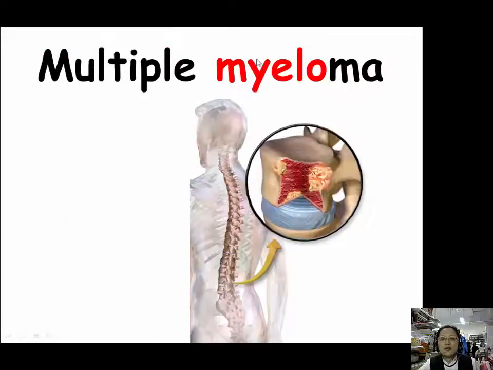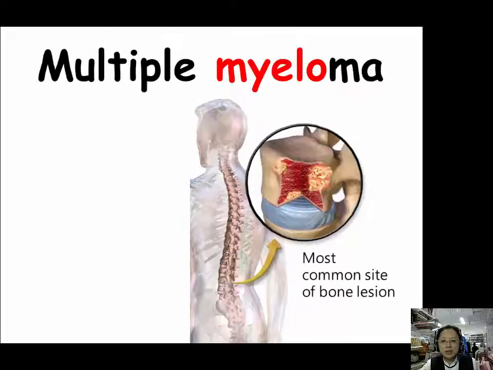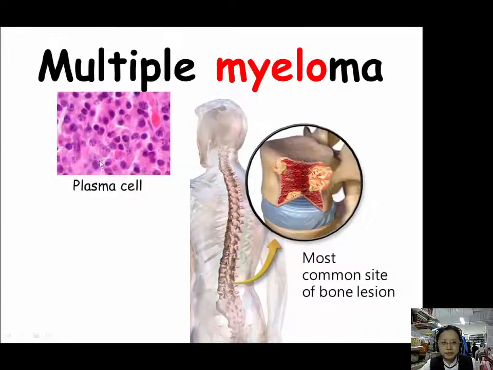Our example for myelo is multiple myeloma. Multiple myeloma is a cancer of plasma cells. This is a picture of abnormal plasma cells. A plasma cell is a type of white blood cell normally responsible for producing antibodies.